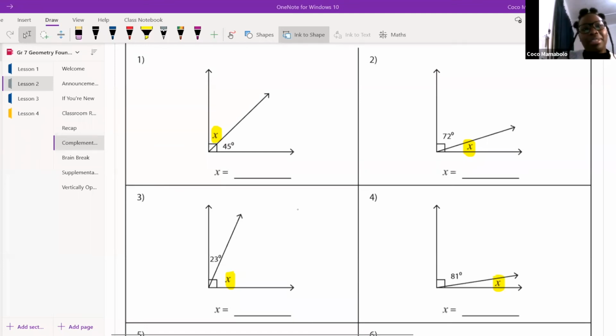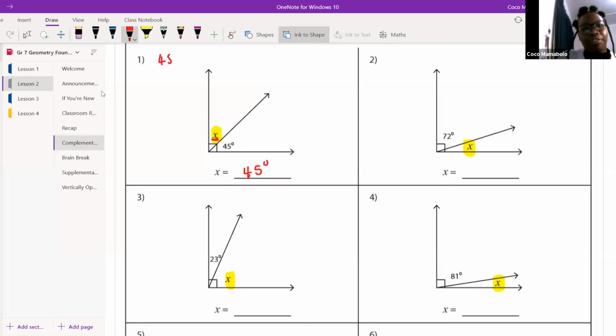Okay, what is my missing angle? What is my missing angle over here? What is this angle going to be? It's going to be 45 degrees. Good, 45 degrees. Okay, great. Now, I want you to give me that sentence that I was writing at the end.